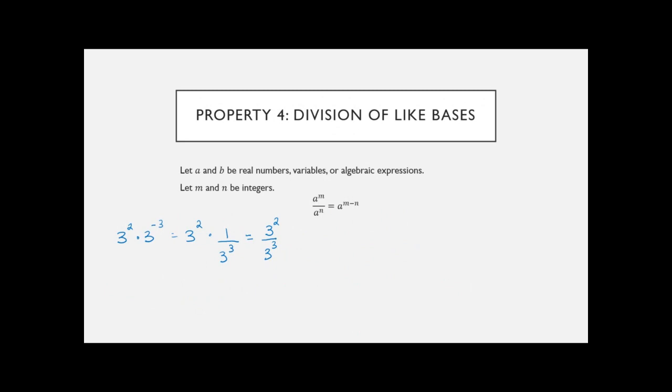So if I follow the rule that we have here, where you're taking the exponents and you subtract top minus bottom, the top exponent is 2, the bottom is 3. So 2 minus 3, that's equal to -1. So we get 3 to the -1 power.